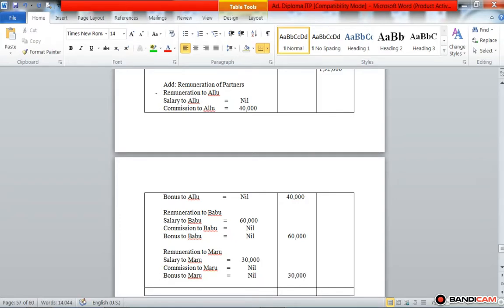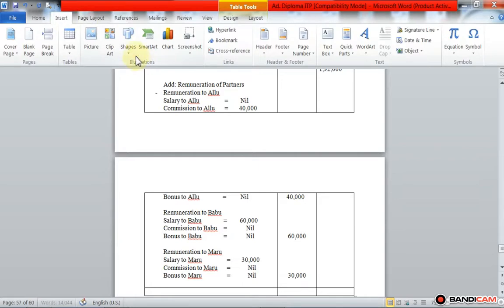Then make the total of remuneration of the 3 partners and add this remuneration to net profit.